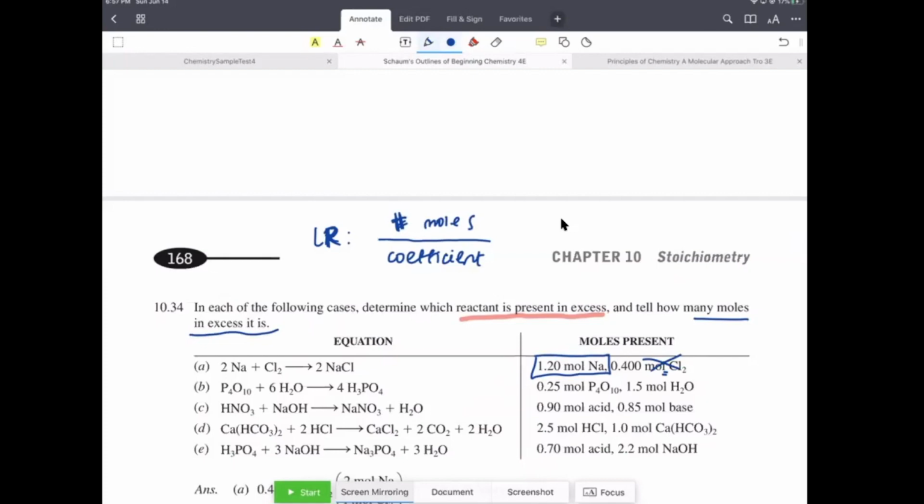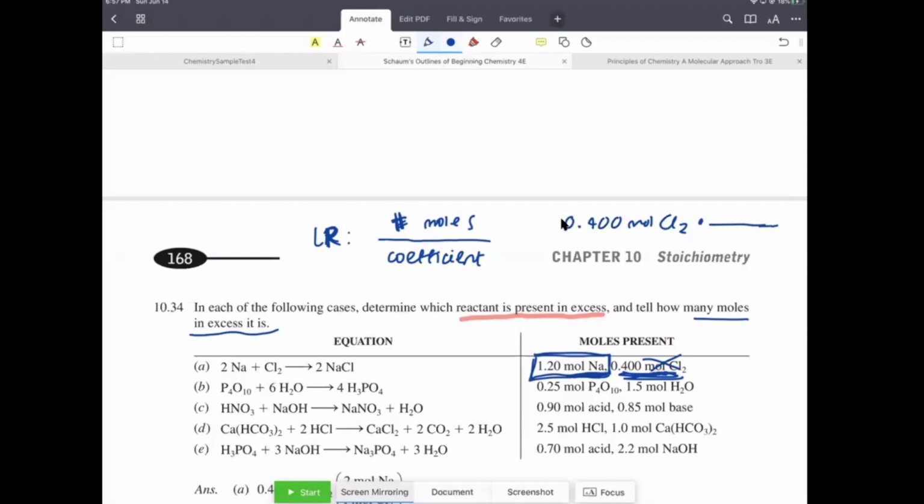So what we do is we take our limiting reactant, which we found was Cl2, right? 0.40 moles Cl2. And it's asking if this is the limiting reactant, then how much sodium would we need to react completely with Cl2 if 1.20 is too much? So it's asking pretty much, how much would we need to use up both of them? And so what would we do? We just go ahead and use our equation.